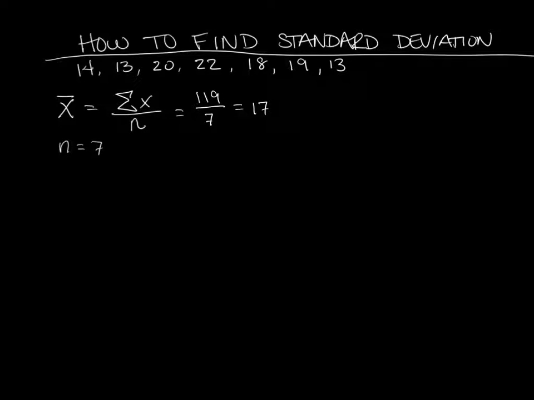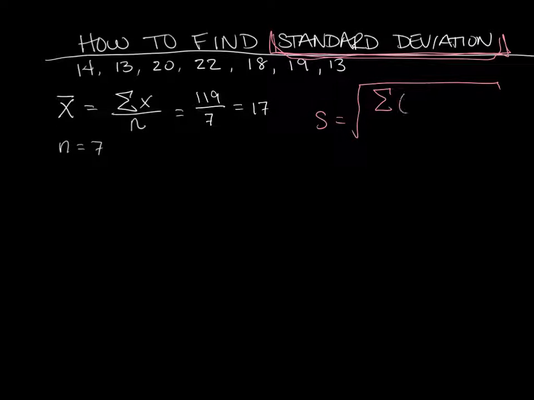I'm going to write that off to the right over here, in red. The formula for standard deviation is S equals the square root of the sum of each x value minus x bar squared, divided by n minus 1.